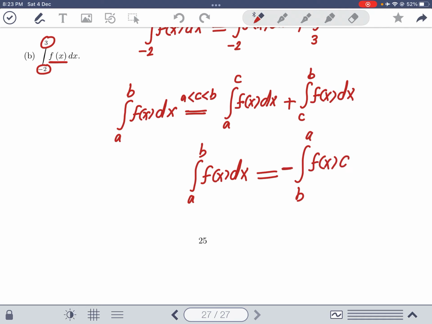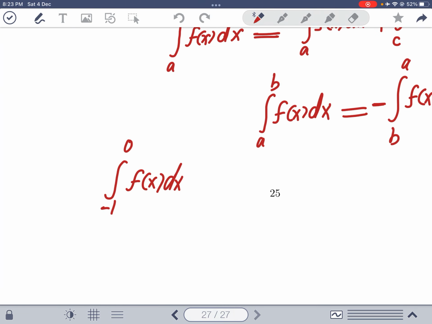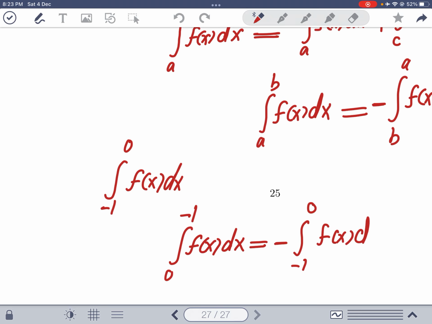So if you ever get some integral from 0 to -1, which is not what you're expecting, since -1 is smaller than 0, in order to evaluate it, you just put a negative outside and then reverse. So you'll have minus the integral from -1 to 0 of f of x dx.